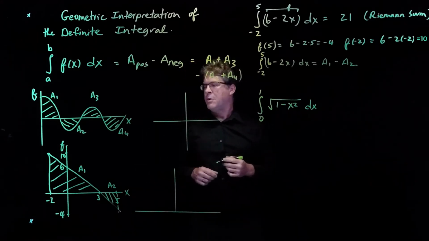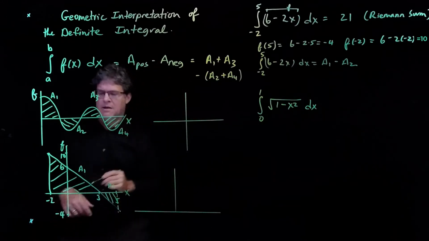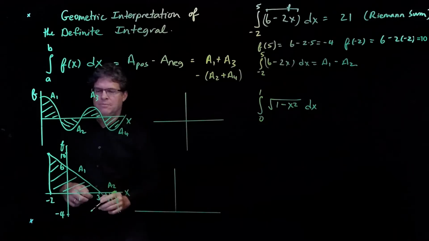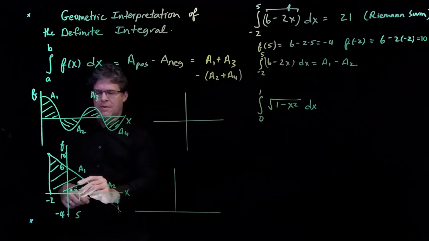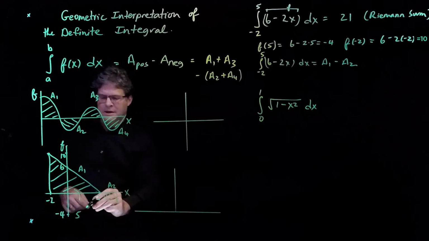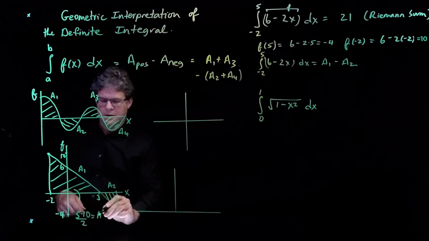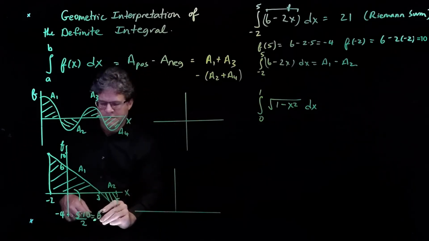And so we have a triangle here with a base that has length 5 because it goes from minus 2 to 3. And so we have the base is 5, and then the height is 10. And then we divide by 2 to get the area. So A1 is going to be equal to 25.